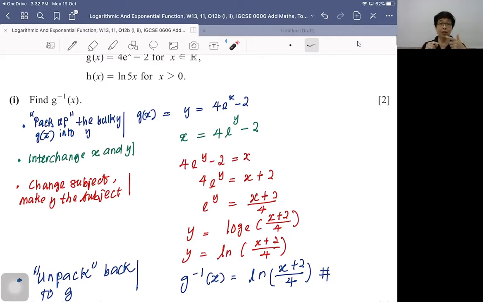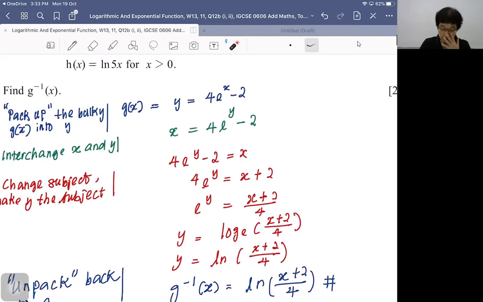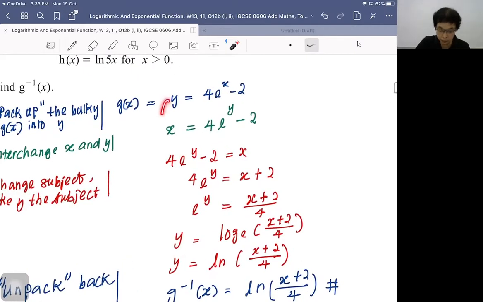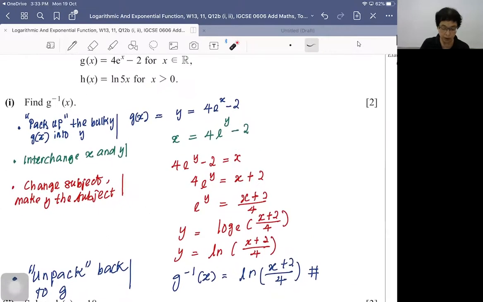So for that reason, we interchange the input and output: the output we now convert into input, and the input into output.